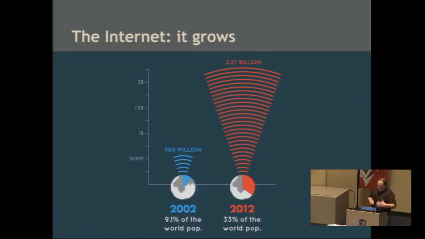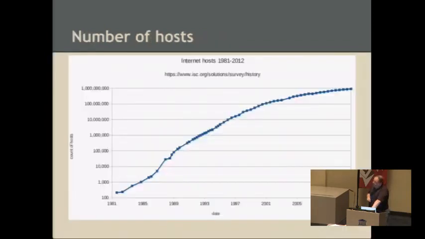So the internet's grown about 5 times in the last decade. Here's another graph. This is from Wikipedia, where it shows the number of reachable hosts on the internet. And this is a logarithmic graph. So 10 years ago, it was 100 million hosts or reachable IP addresses. Now it's 1 billion.